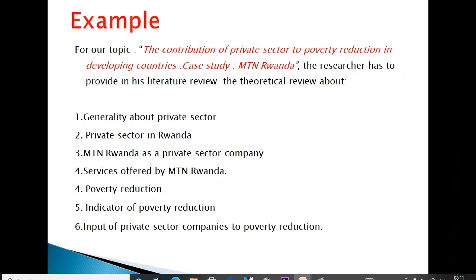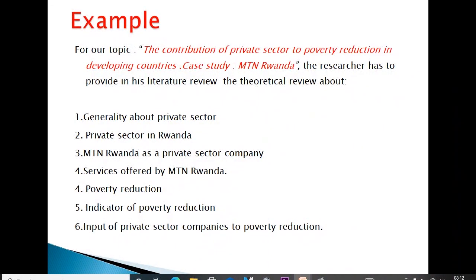So taking as an example our topic that we have chosen previously, the contribution of the private sector to poverty reduction in developing countries, case study MTN Rwanda, the researcher has to provide in the literature review the theoretical review about generalities about the private sector in Rwanda, MTN Rwanda as a private sector company, and services offered by MTN Rwanda.